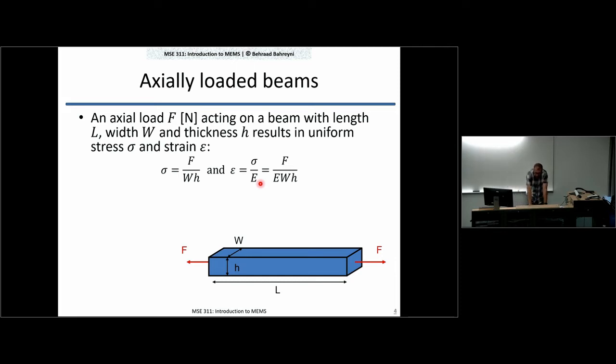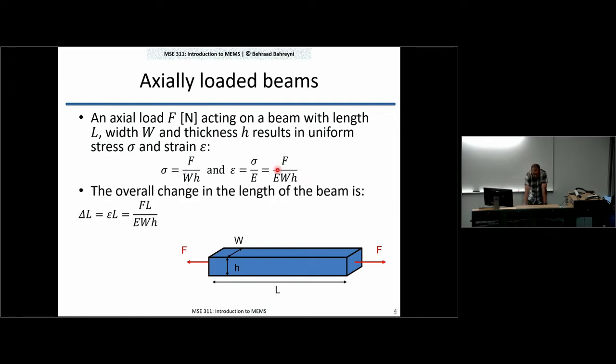I can show that the displacement that I get is given by this expression here. So epsilon, the strain, is given by stress over E, and I know E from here, so I can figure out what the strain is.